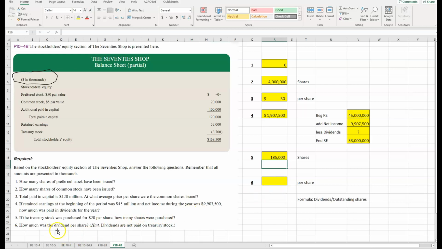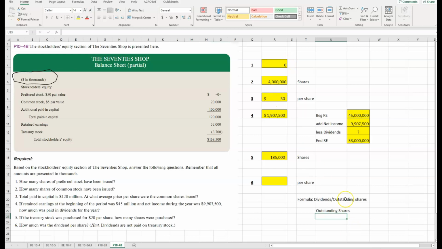How much was the dividend per share? The formula is dividends divided by outstanding shares. Well, first we want to calculate outstanding shares. And we already have dividends. We calculated that in number 4. So outstanding shares means the shares that are out there, how many are still out there?